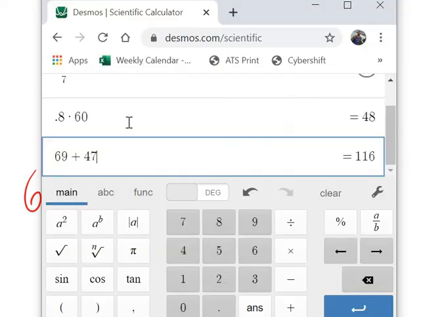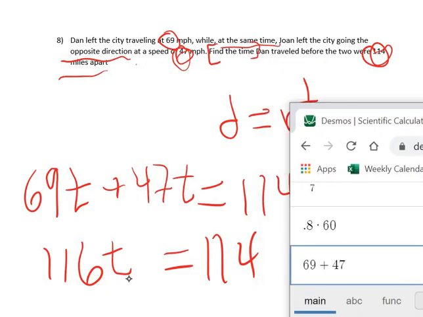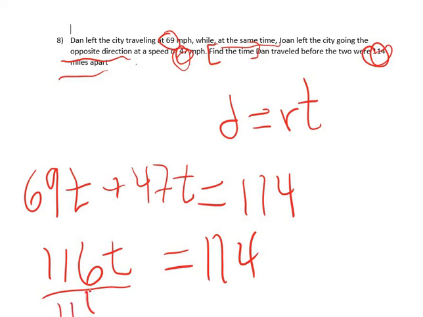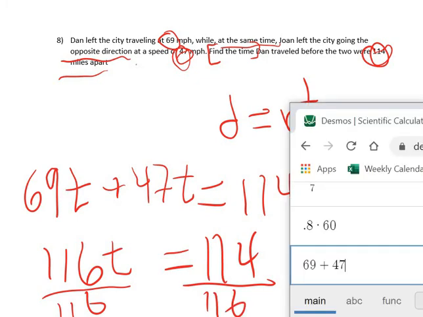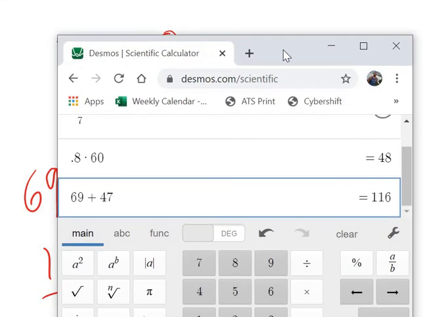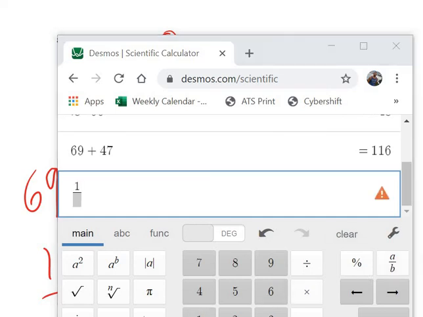So you're going to take that number and we're going to divide. We're going to take 114 divided by 116.